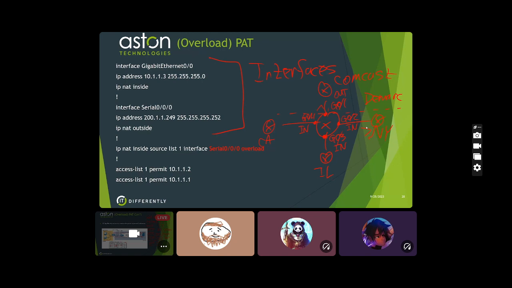So, setting up the interfaces is real simple. You go into the interface in question, and you put IP NAT inside, or you put IP NAT outside, depending on if it's an inside interface or an outside interface. Now the first one you do, the router is going to start up the NAT process, so it'll probably lag out for a minute.